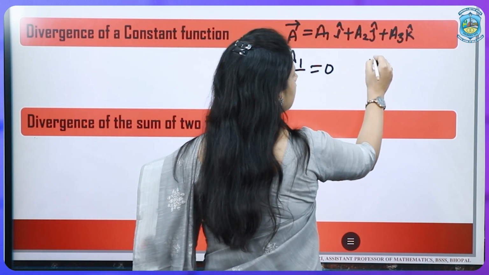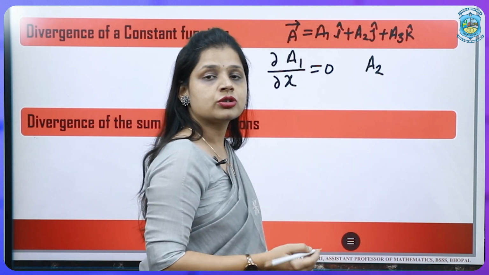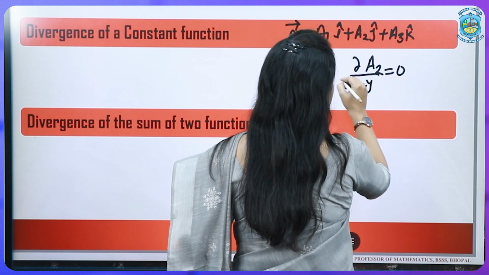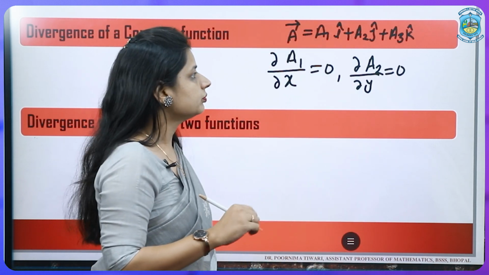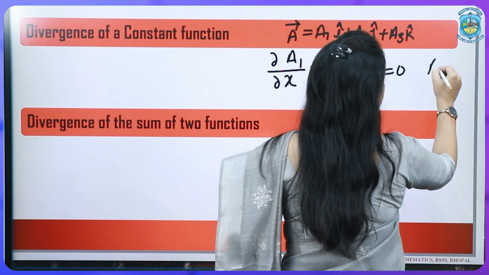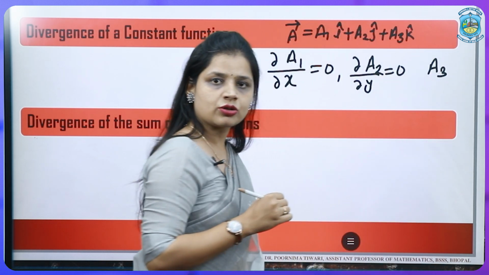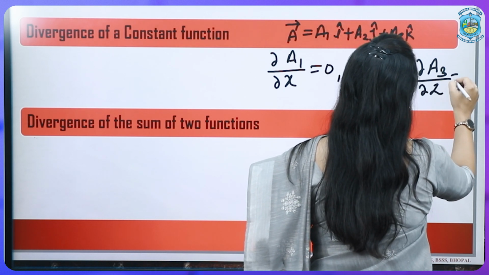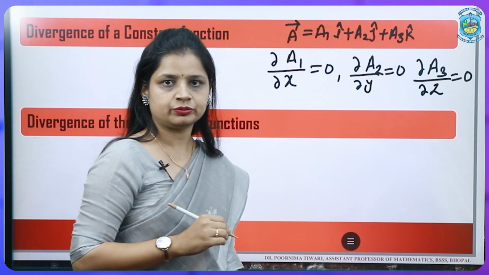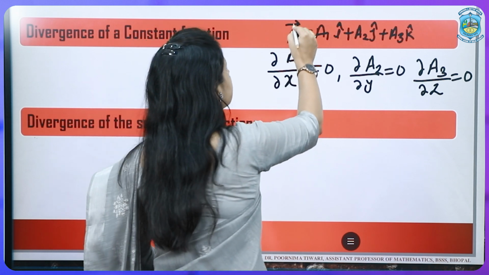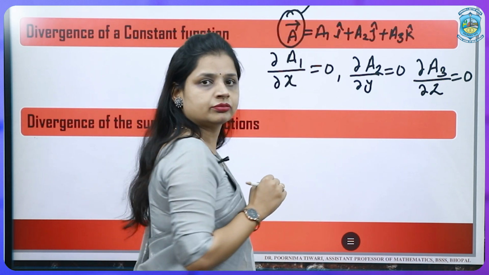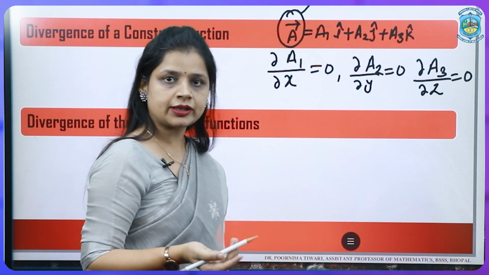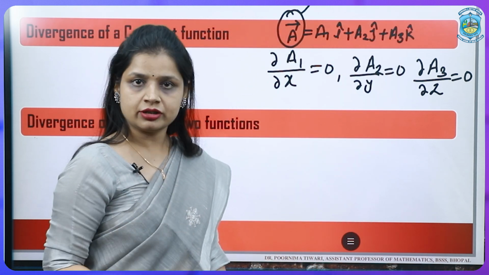Likewise, a2 is also constant, so whenever we differentiate it partially with respect to y, we will get 0. And the last one, a3 is also constant. When we differentiate it partially with respect to z, we will get 0.